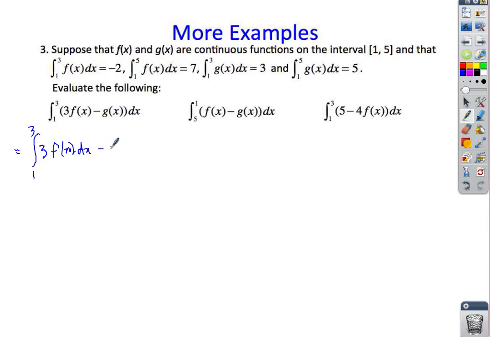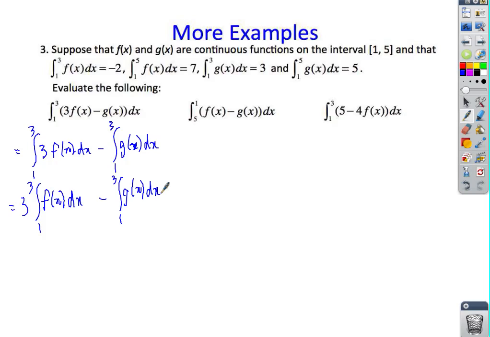Make sure you include dx with each part. That's necessary. Like this. And now I might even use the constant multiple rule in the first case. And now we can do our substitutions because we know the values of these.